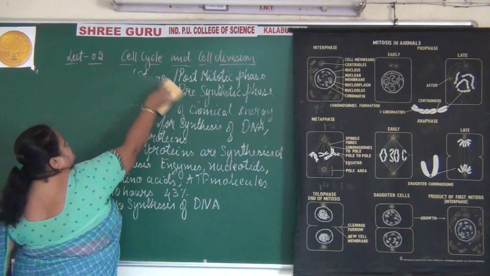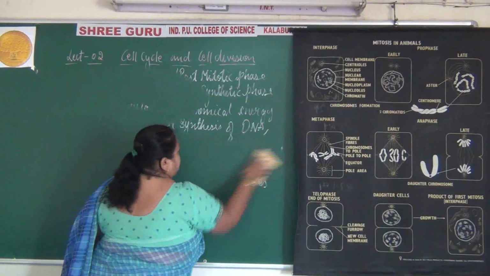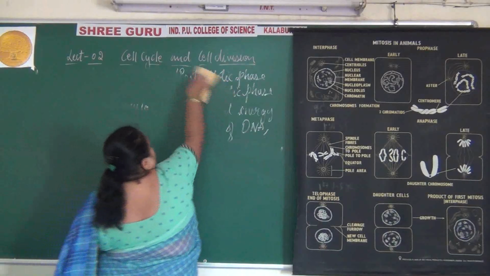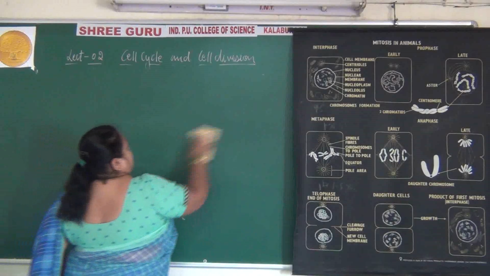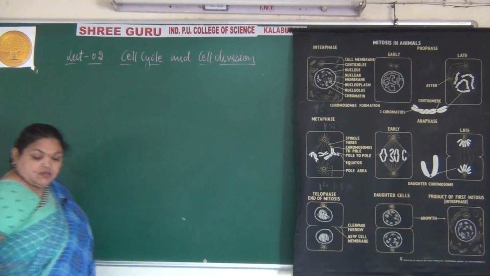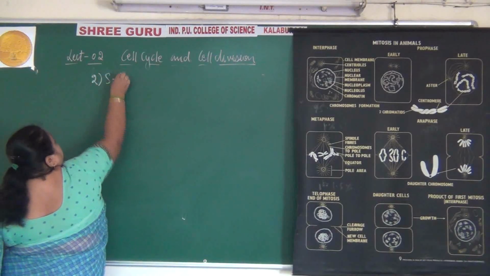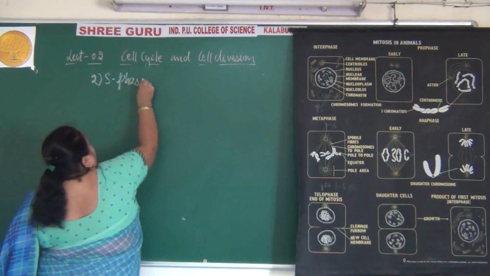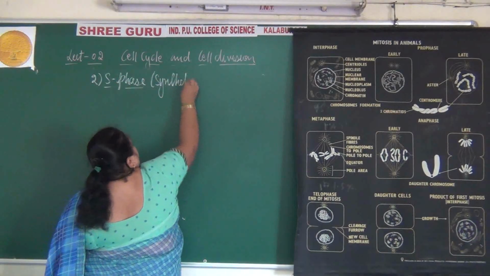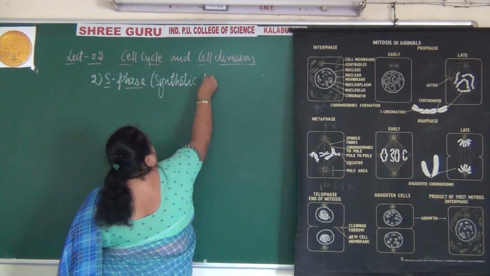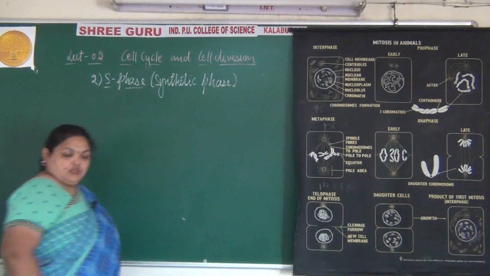Second is the synthesis phase. You can look into the diagram that is being given. Second is S phase, also known as synthetic phase or synthesis process.